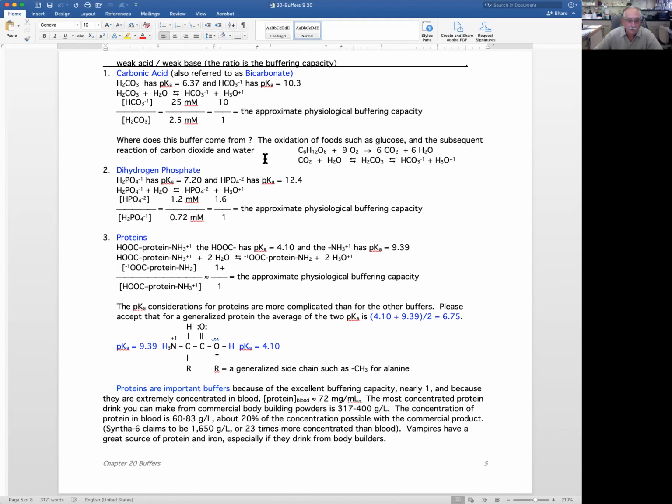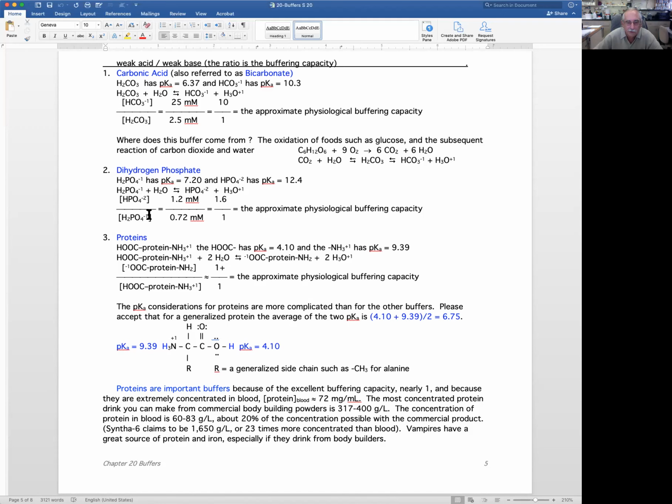So then another important one is dihydrogen phosphate. Notice that dihydrogen phosphate has a pKa of 7.2, close to 7.4. Hydrogen phosphate is several pH units away, several orders of magnitude away from where it should be. So taking this weak acid, putting it in water, it becomes the conjugate base and the weak acid.